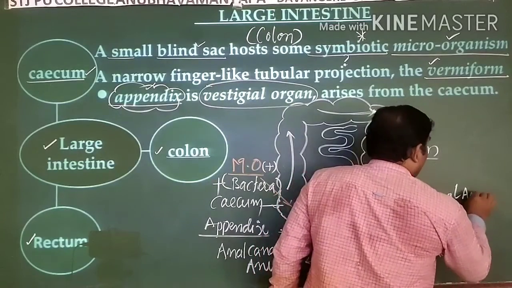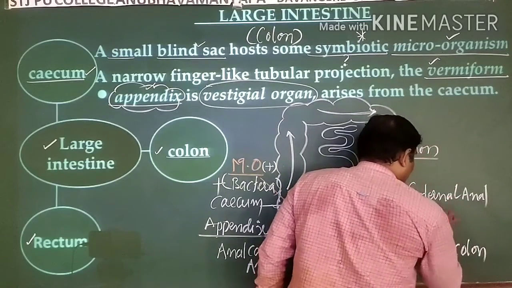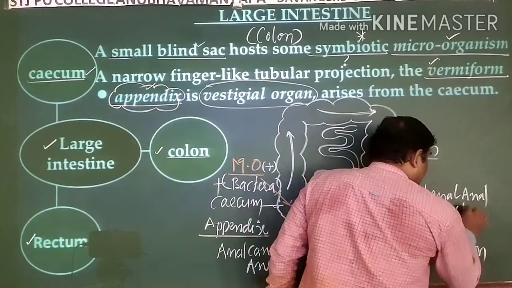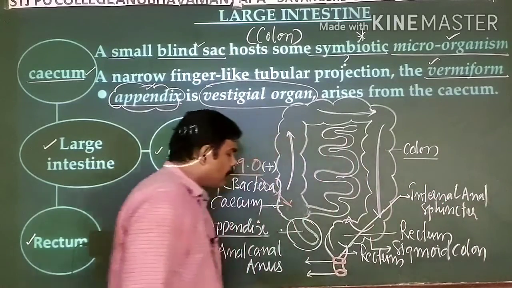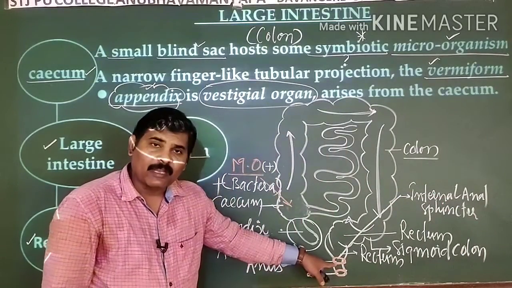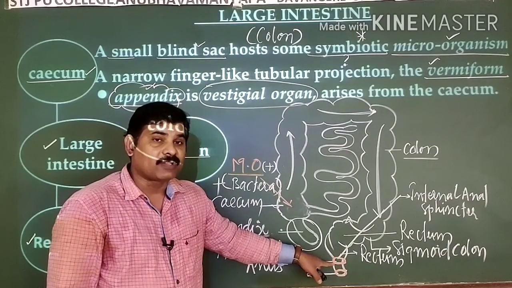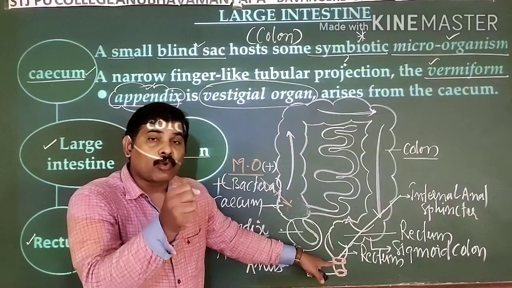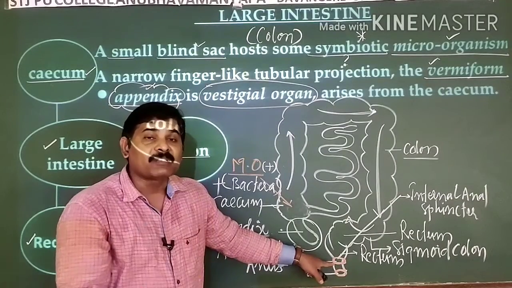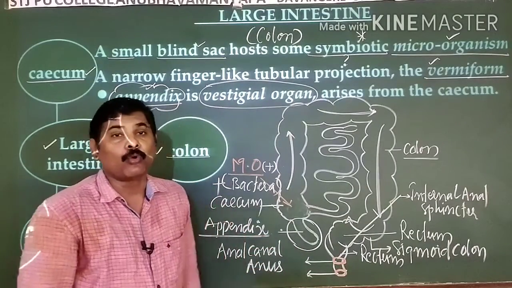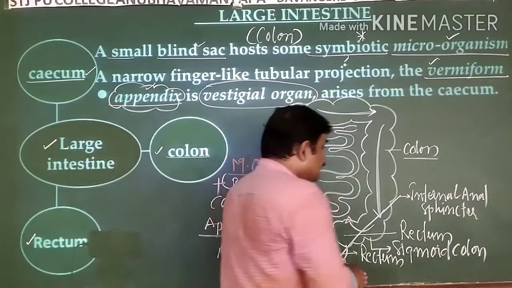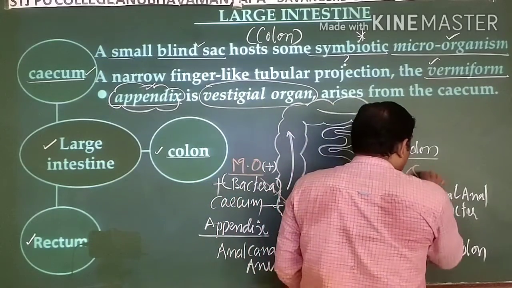Internal anal sphincter. The very interesting point related to this one is that it is involuntary in its function. So the closing and relaxing of this sphincter is not under our control, because it is made up of smooth muscles.